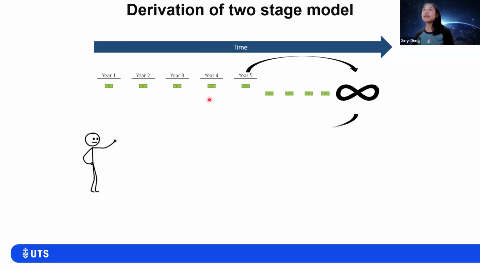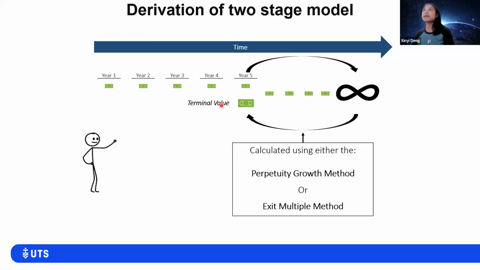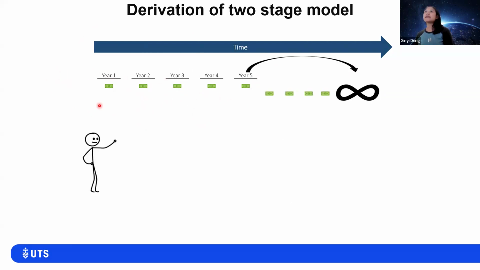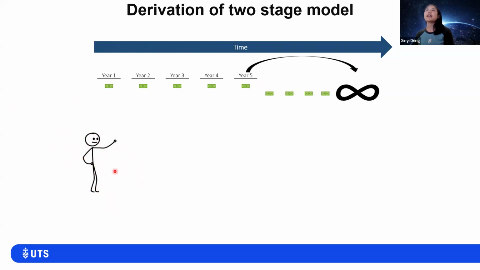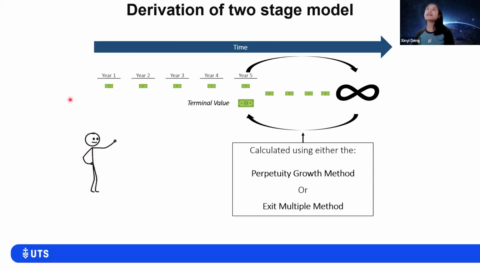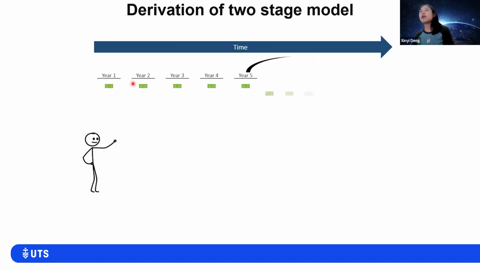Just to make sure that you understand what I'm talking about, let's take a look at a more specific example. In this example, let's call this little guy George, and George is contemplating being a YouTube influencer. So we need to calculate the PV of him being the YouTube influencer. He is expecting that his cash flows are going to grow rapidly from year 1 to year 5.